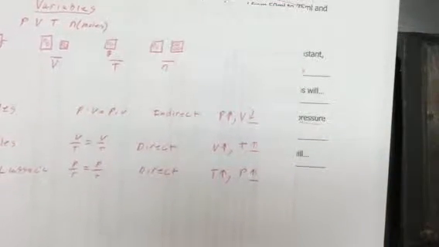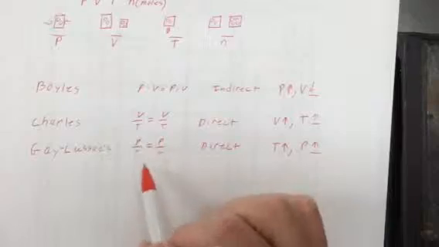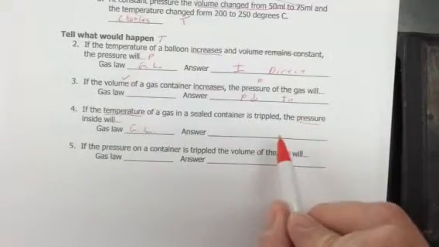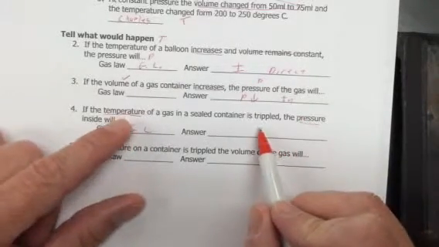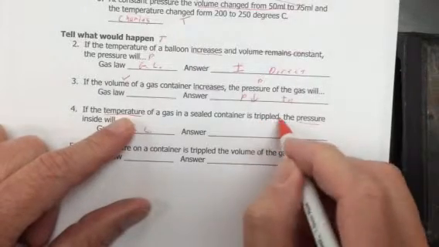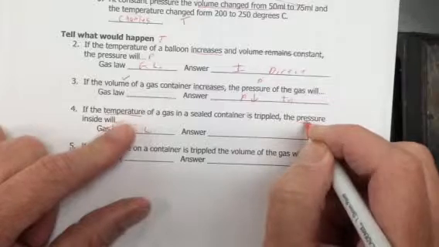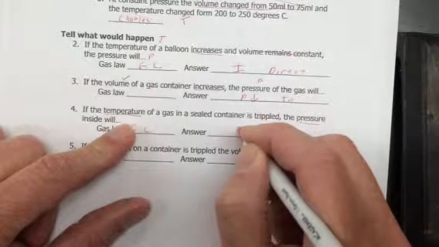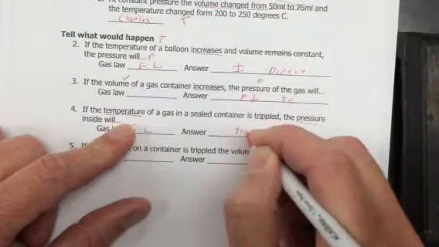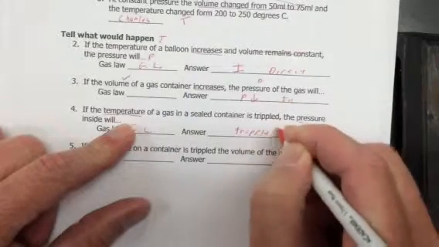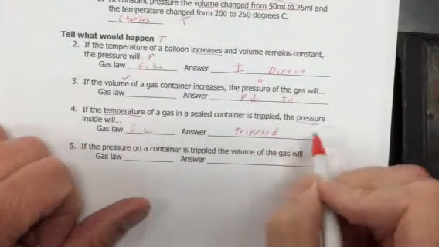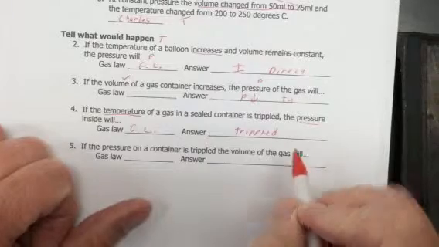For Gay-Lussac, we have pressure and temperature, so that is direct. And so if the temperature is being tripled and it is direct, that means the pressure is also going to be tripled, because it is directly related.